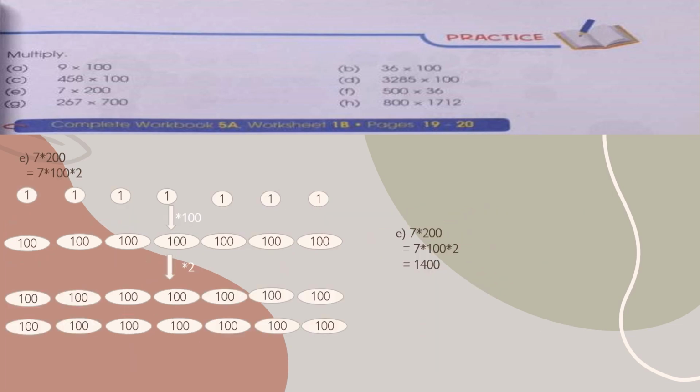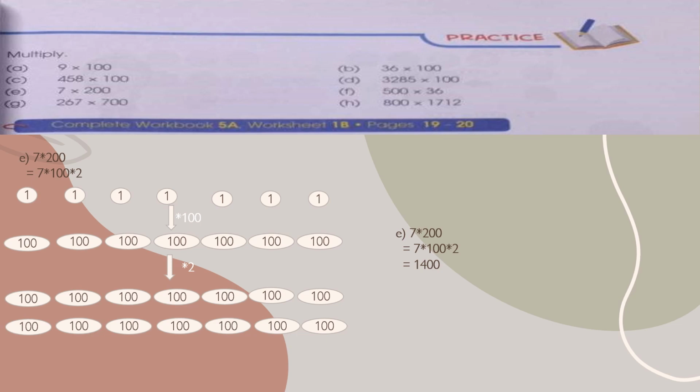In part E, we have to multiply 7 by 200. So first we are going to break up 200 into 100 into 2. So now we have 7 multiplied by 100 and then the resultant gets multiplied by 2. So we have 7 ones, and when they get multiplied by 100, we have 700 or 7 discs of 100.